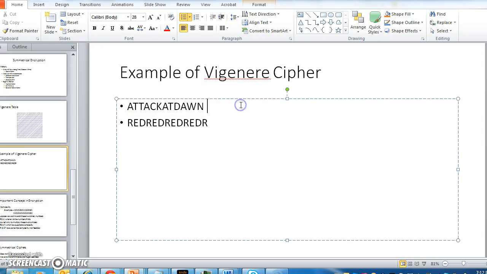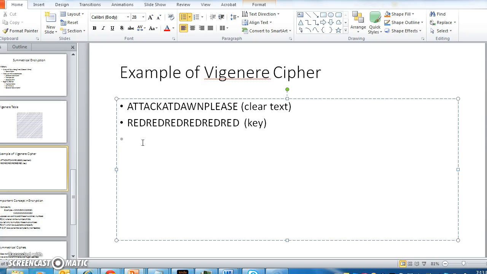Notice that this is my clear text here, and this is my key right here, right? So if I had more characters, I mean, if I had dawn, please, right? So you're going to keep adding red, right? You're going to keep adding red, and so on, because you have to have the same number of characters at the top in the clear text as the key itself.